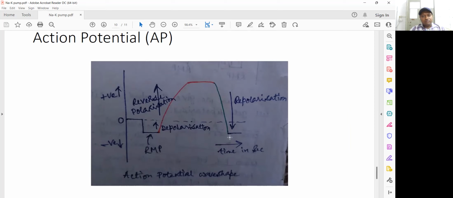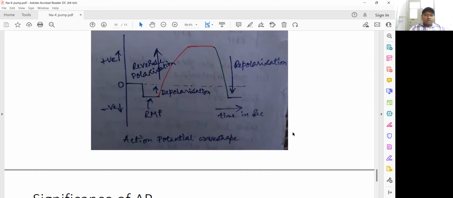As the cell is live, it will try to get back to its natural RMP stage. So this condition we will call repolarization. All these actions, in a single word, we will call the action potential, as some actions have been taken and the cell has gone through some reversible conditions. Okay, so that is why it is called the action potential.